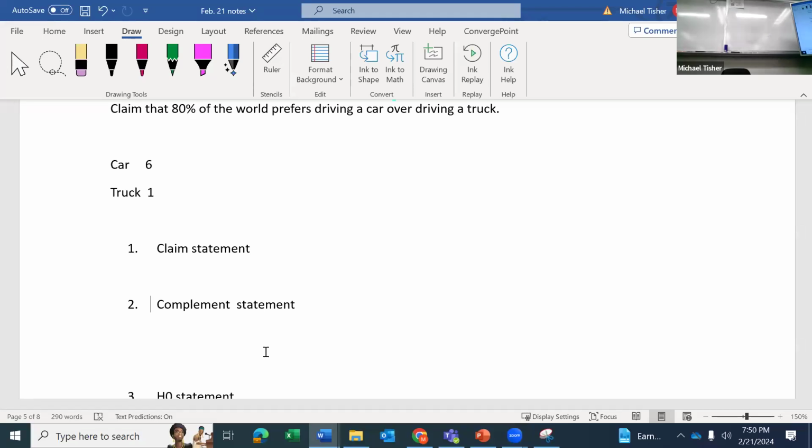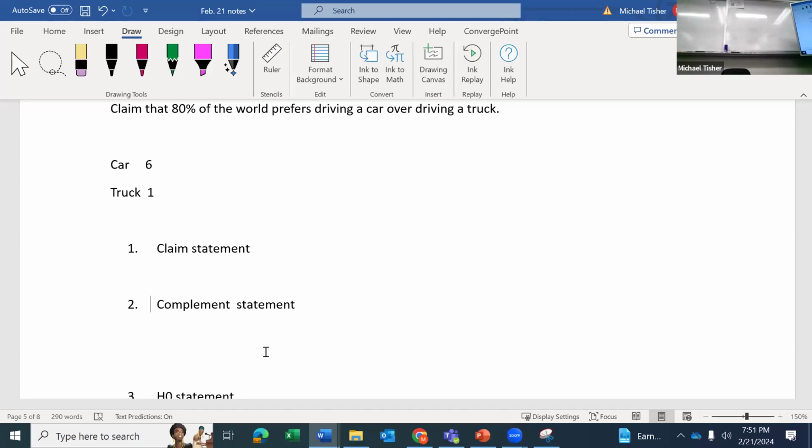Now, so P equals 0.8. Right. So the complement is exactly the opposite of that. So ask yourself, what if I don't have the claim statement? In other words, in this case, what if I do not have P equals 0.8? What do I have? Then P must be what? It can't be 0.8. We just know it's not 0.8.